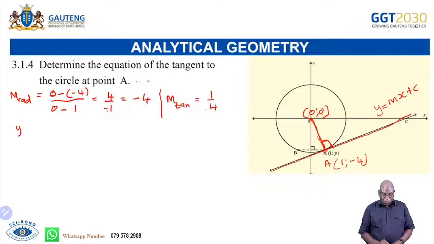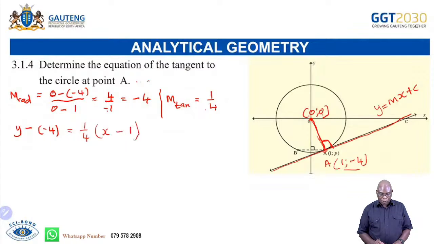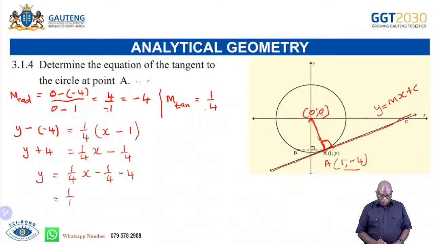From there, I can have y minus, remember I've got a point here of A. So it's y minus -4 equals the gradient, 1 over 4, into x minus 1. Okay, so then I can have y plus 4 equals 1 over 4 x minus 1 over 4. Then I can rewrite that as 1 over 4 x minus 1 over 4 minus 4. Then if I add these two, I'll get 1 over 4 x minus 17 over 4.